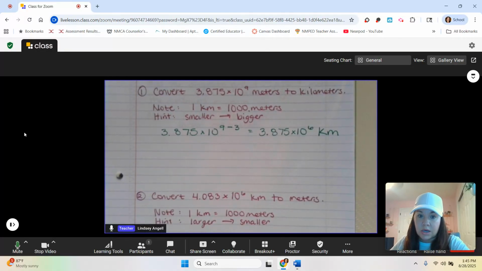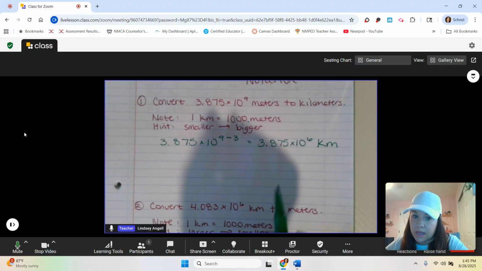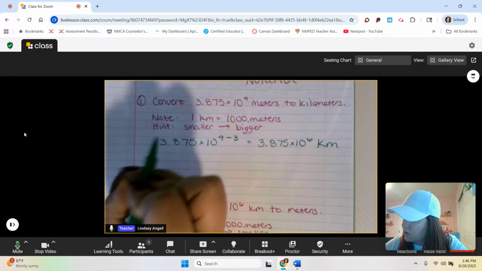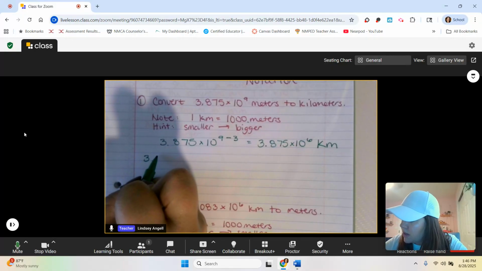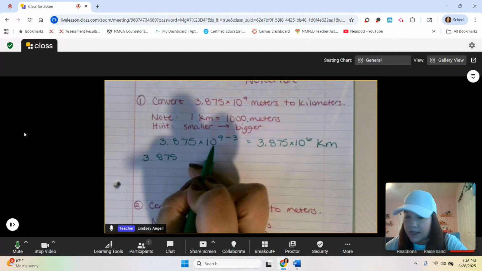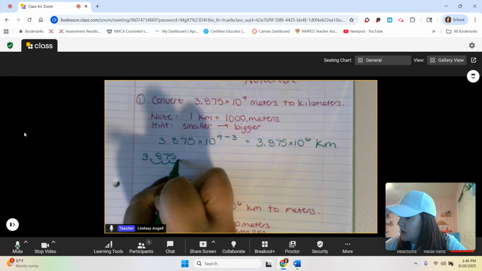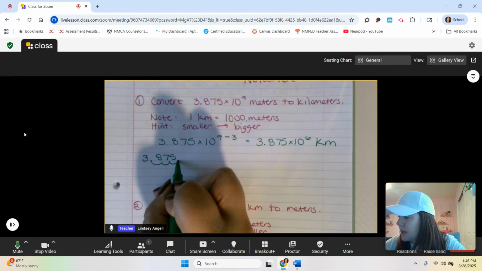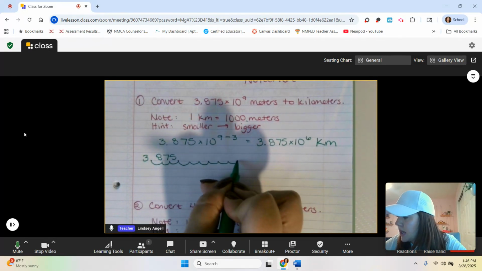Another thing that we could do, I've got 3.875, but if I want to write this in standard form, I could move my decimal 9 spaces: 1, 2, 3, 4, 5, 6, 7, 8, 9.